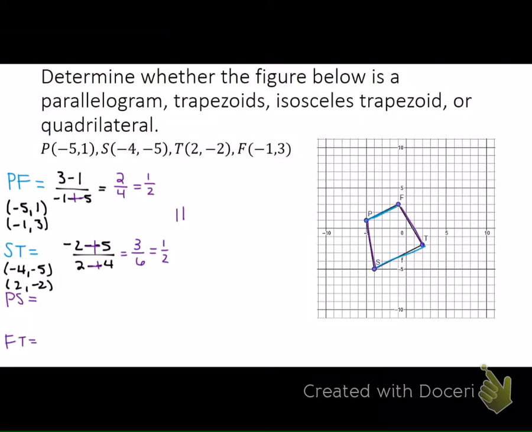So we now need to check if the other set of sides is parallel. PS is negative 5, 1, sorry. And S is negative 4, negative 5. So I get negative 6 over 1, which is just negative 6.